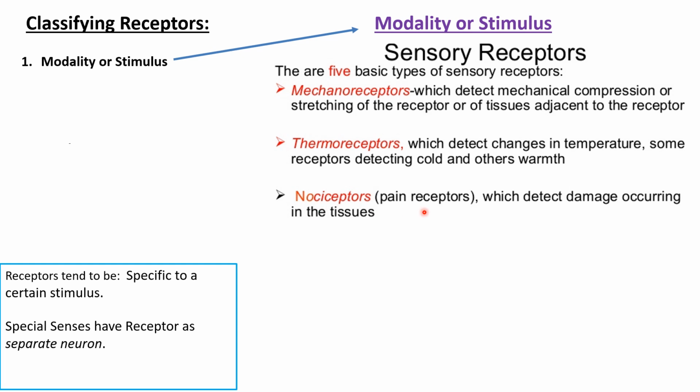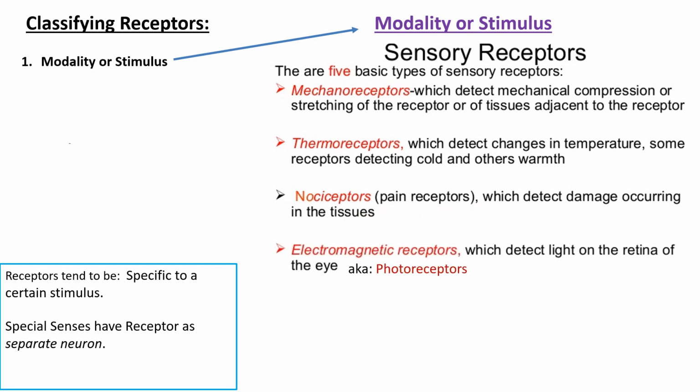So they're called nociceptors. They're chemoreceptors, but we'll just go ahead and classify them as pain receptors. You have electromagnetic receptors. We call those photoreceptors. I don't know of any other type of electromagnetic receptors. If there is, that would be something I'd learn, but they're photoreceptors.